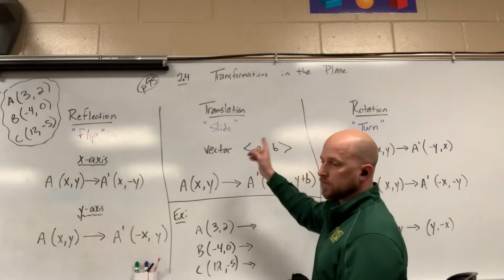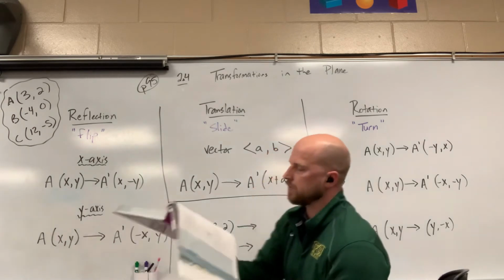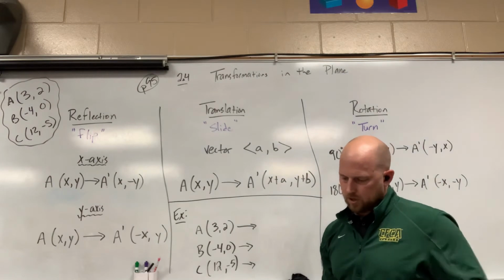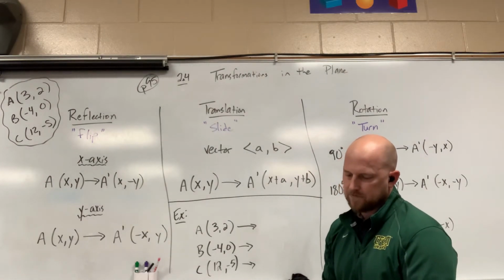Now, when you're dealing with translation, I was going to read what it says in the textbook so we can make sure we get this right. Translation is introduced on page 99. It talks about a translation vector.